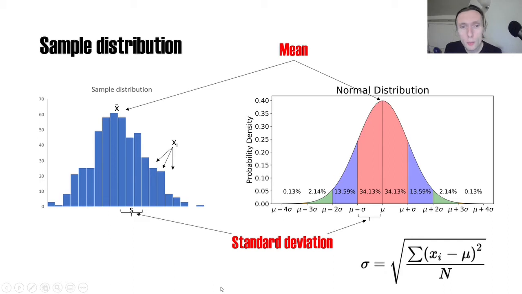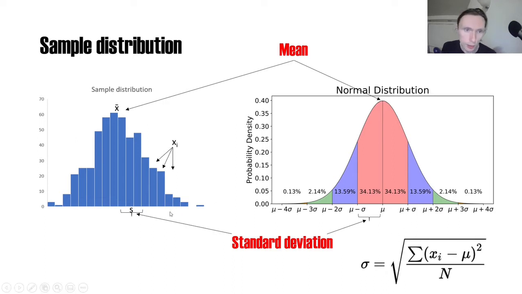One other thing that we have to define when we're looking at this sample is how broad is it, right? It could be that the scores range from extremely small to extremely large, or it could be that most people score very closely to each other. For example, everybody scores between 100 and 110.